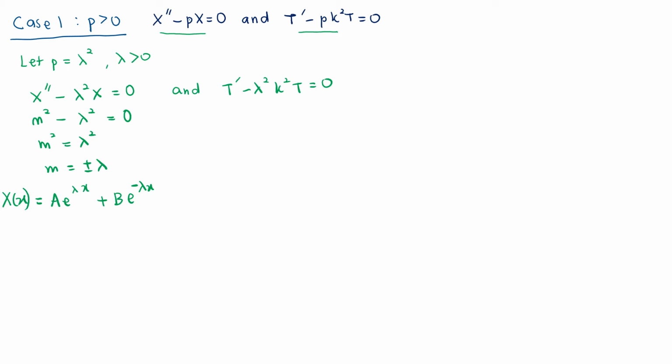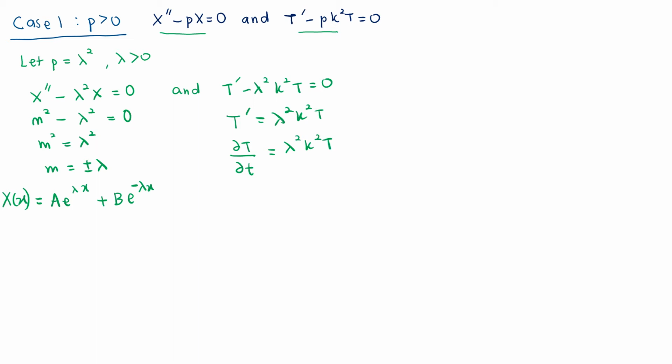Now we want to solve the equation for t, where if we rearrange this, you will get t prime is equal to lambda square k square t. And t prime is actually equal to del t over del small t, which is equal to lambda square k square t.